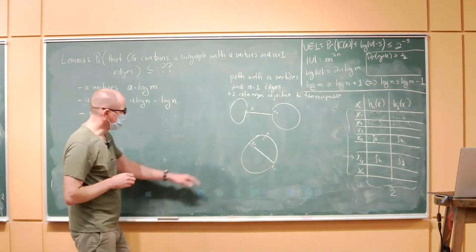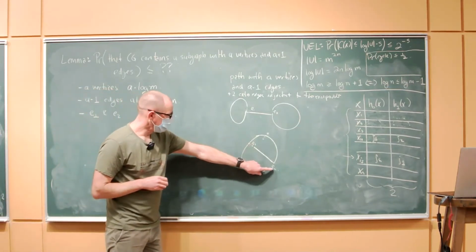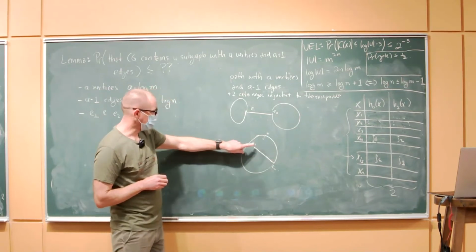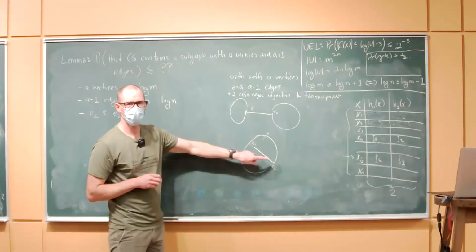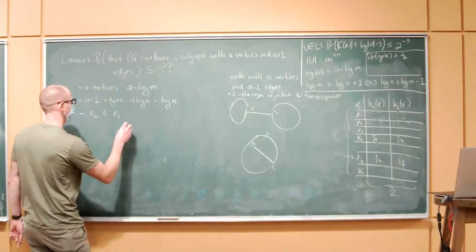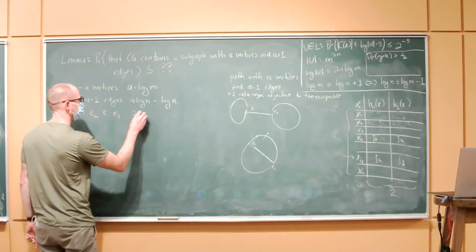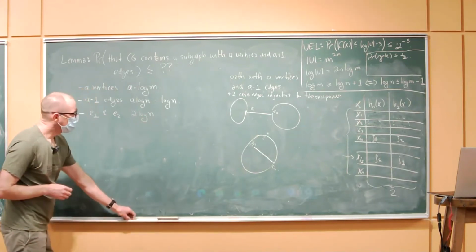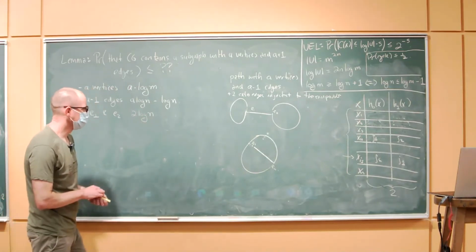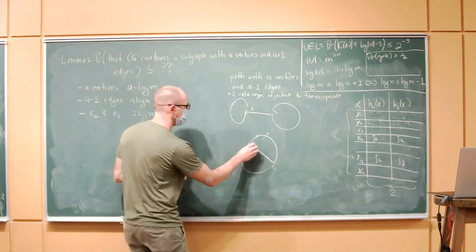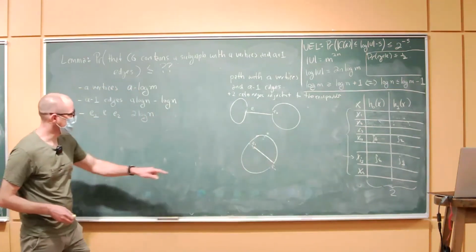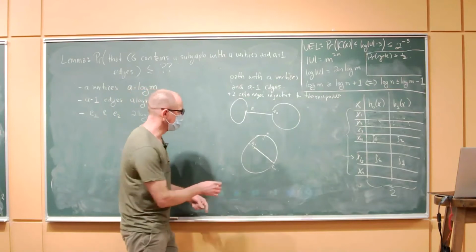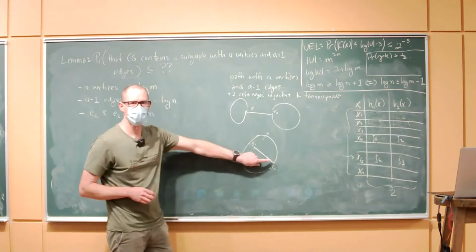Those, again, are xi's, so for i between 1 and n. So that's going to be 2 log n. But I know E1 is adjacent to the first vertex I specified in the path, and E2 is adjacent to the last vertex I specified in the path.